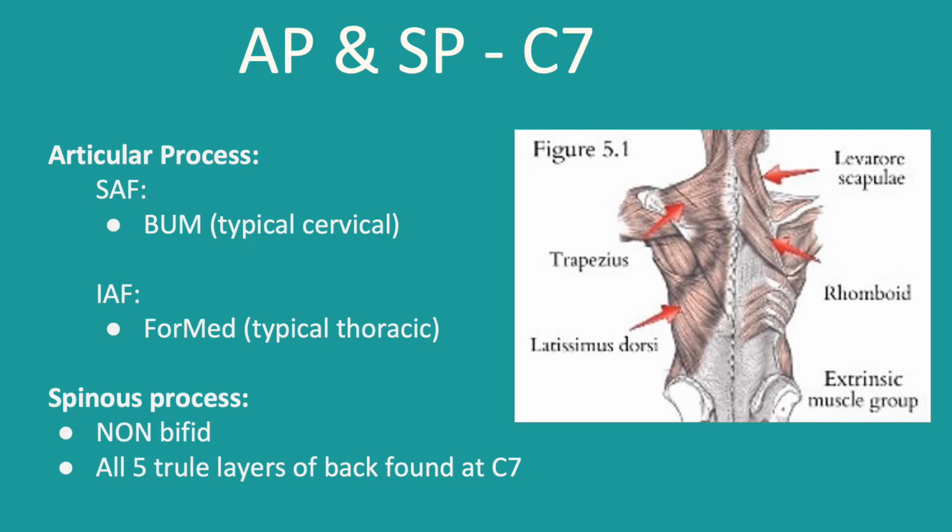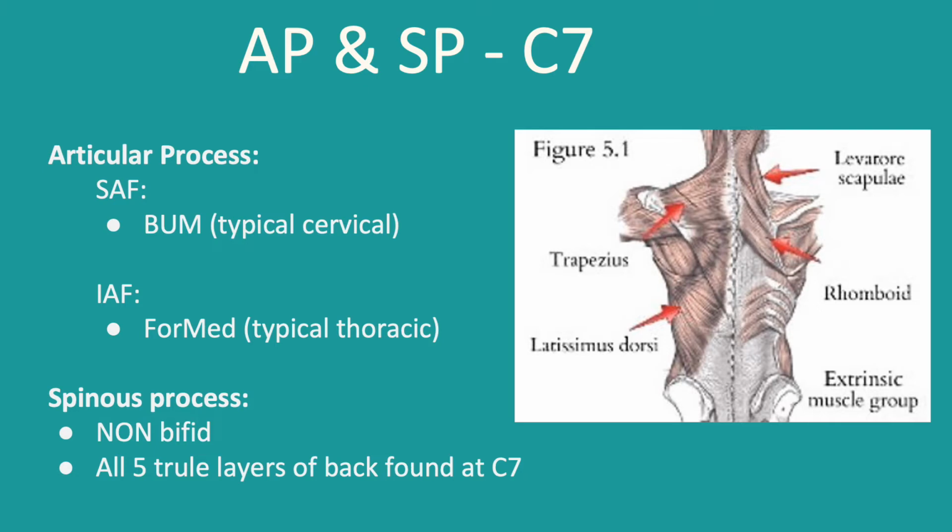So know that the superior articular facet is BUM, like your typical cervical, and inferior is going to be forward, medial, and downward. So that D should be capitalized, like a typical thoracic, which is classic of your transition zones. So the inferior part of that vertebrae looks like a thoracic.